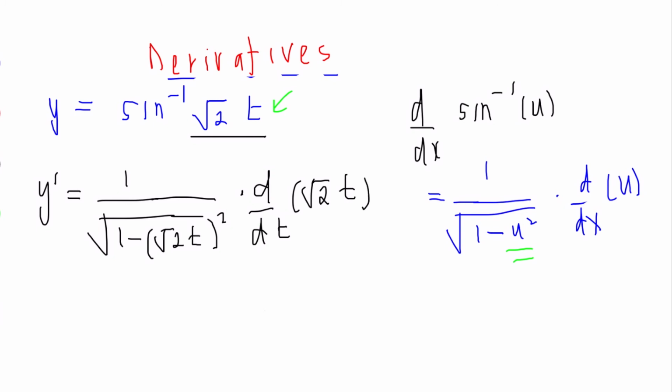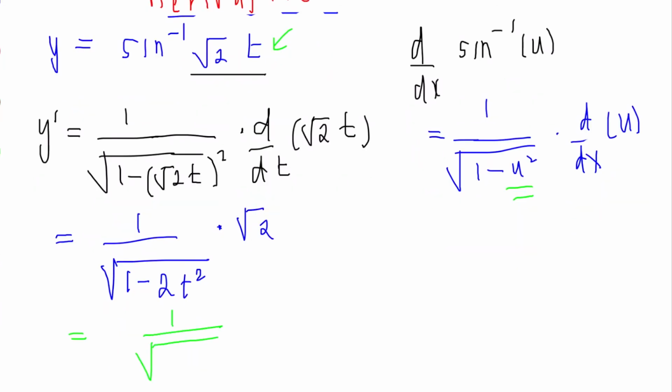Okay, after that we will just simplify. It is actually very easy. We bring this down: 1 over the square root of 1 minus, and if you square this part you get 2t squared. Remember the t is outside the square root of 2, so it's squared. Then multiply with the derivative of this part, which is just sec 2. So this finally gives us sec 2 over the square root of 1 minus 2t squared.